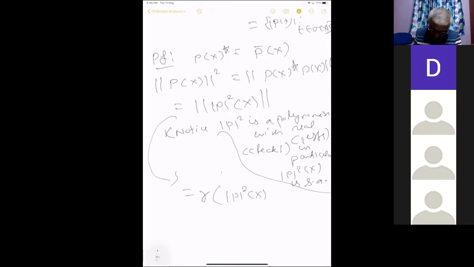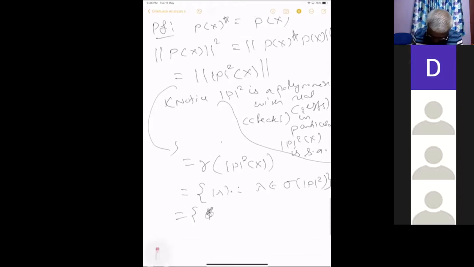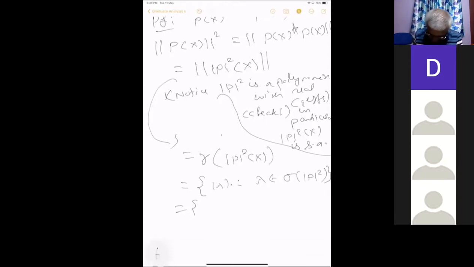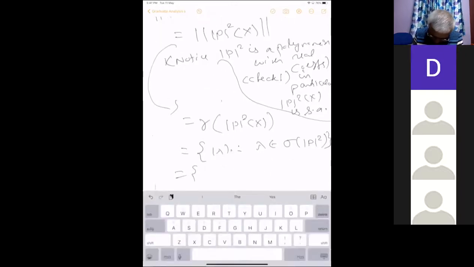This norm is the same as this by the spectral radius formula, correct? And this is nothing but the sup of |lambda| with lambda in sigma of |p|^2 of x. This step is the spectral radius formula, and the next is by the spectral mapping theorem.